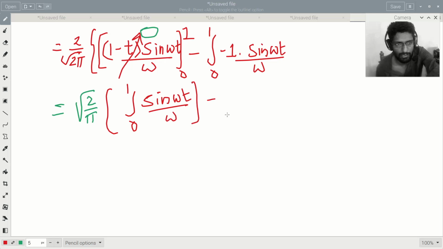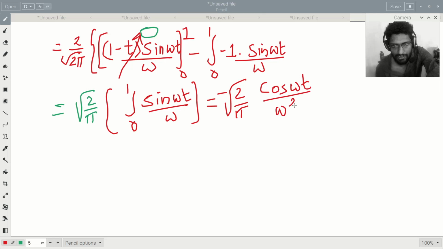Now it's very simple. This is equal to root 2 by pi times the integral of sin omega t, which is minus cos omega t divided by omega, and now there is an omega already, so omega square, and the limits go from 0 to 1.